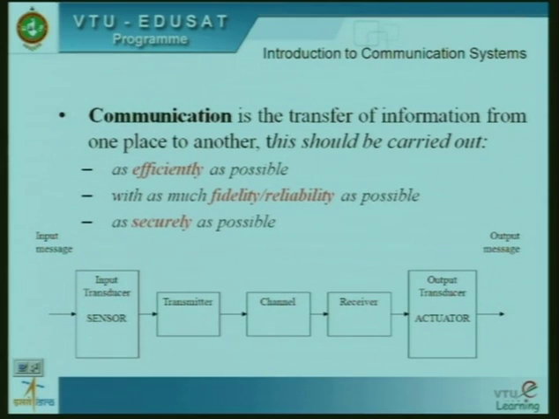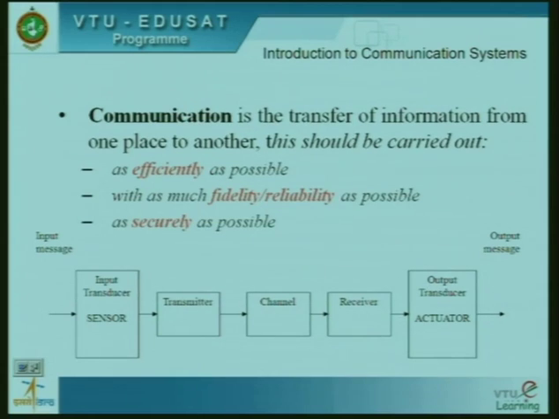As the electromagnetic wave generated from the antenna travels over the channel, at the receiver we again have an antenna which captures this electromagnetic signal and converts it to an electrical signal. That is again a transducer, converting an electromagnetic signal to an electrical signal, and that signal is taken to a receiver.